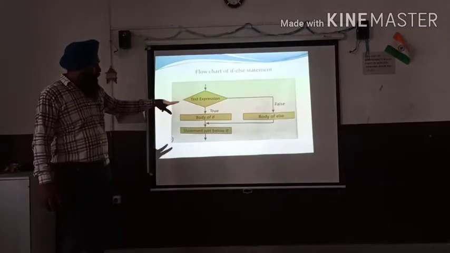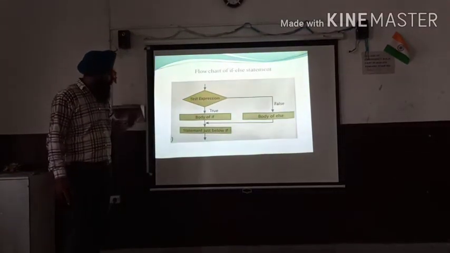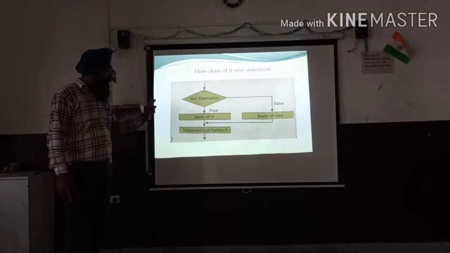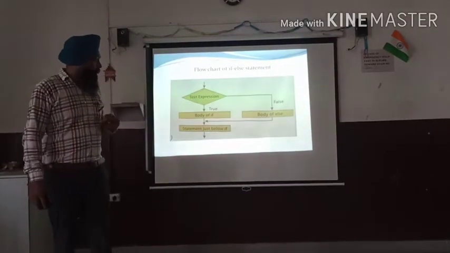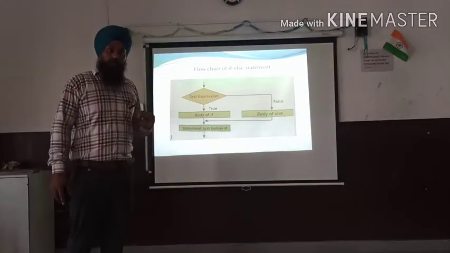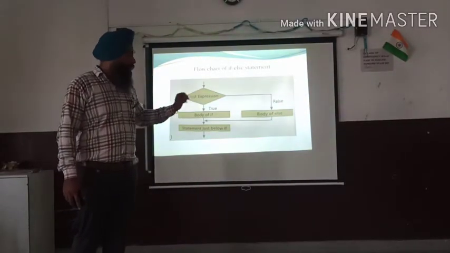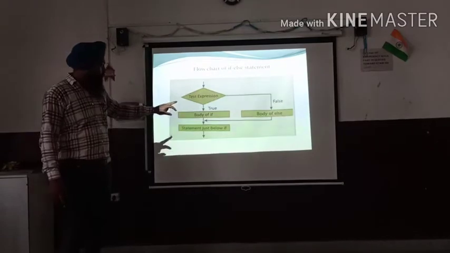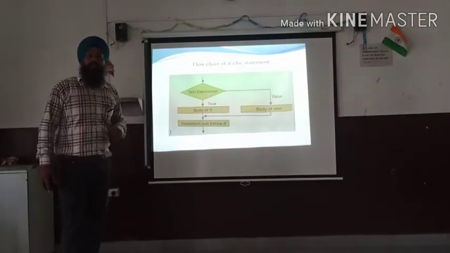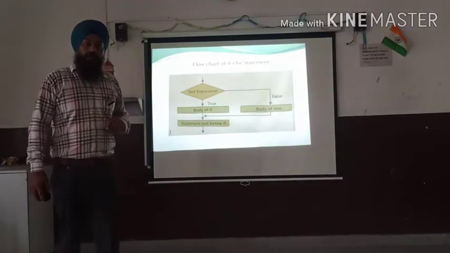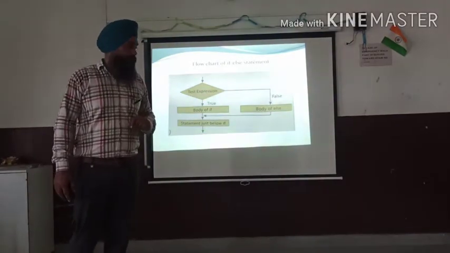From the two alternatives, only one block of statements will execute, depending on whether the condition is true or false. After that, the statements which come after the if-else statement will execute.